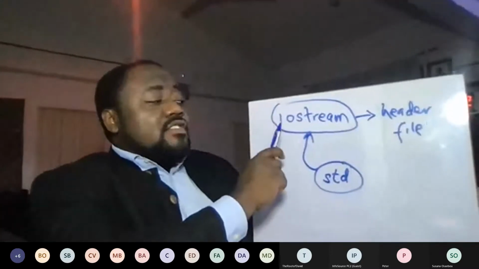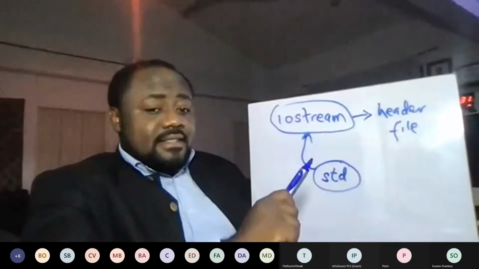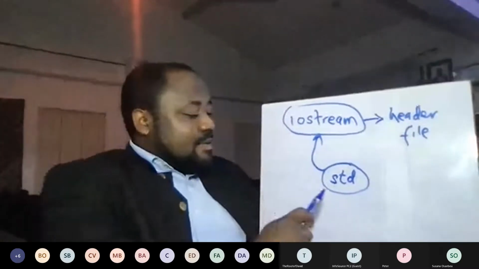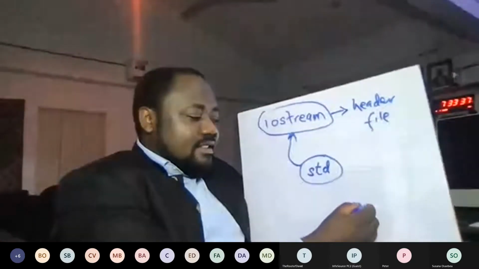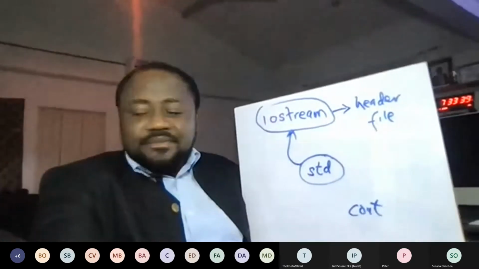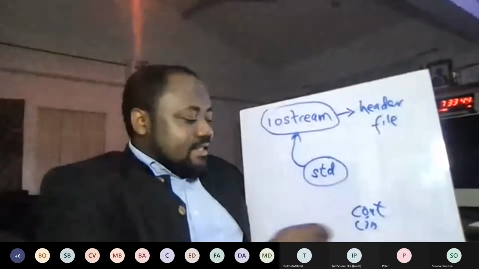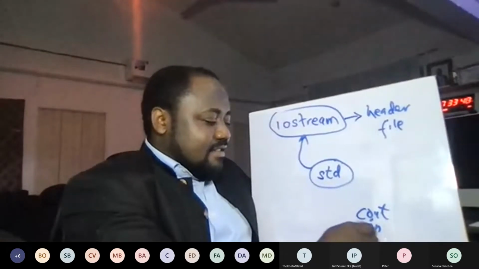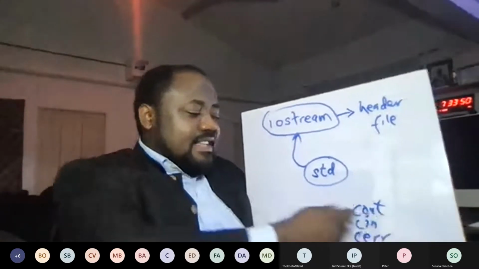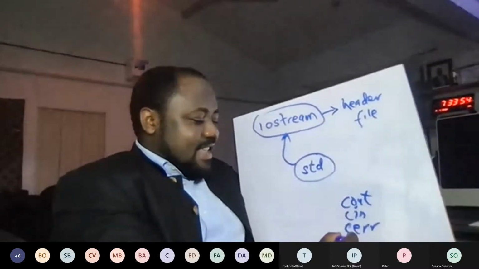So if IOStream does not exist, STD does not exist. Also, if STD does not exist, watch this, cout does not exist. Cin does not exist. Cerr, later I'll talk about cerr, does not exist.